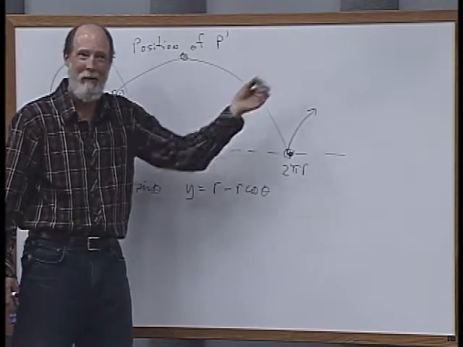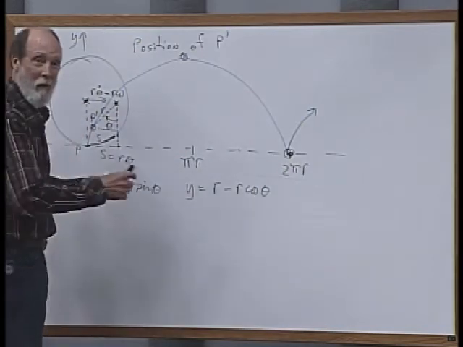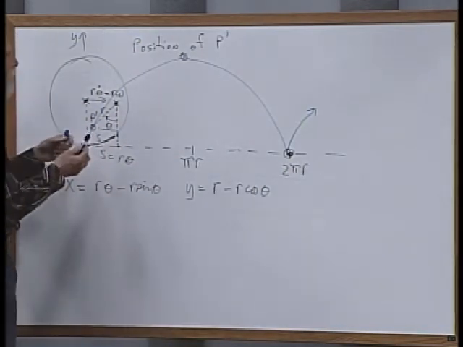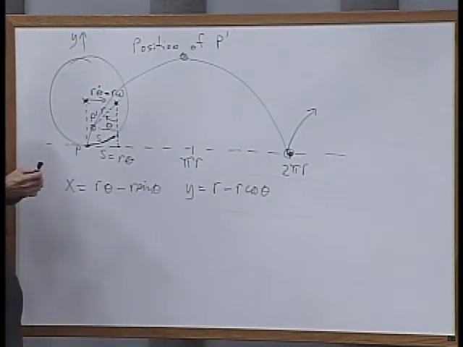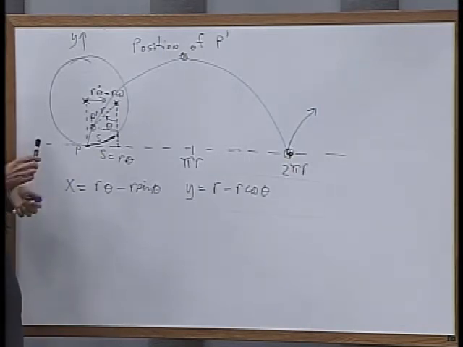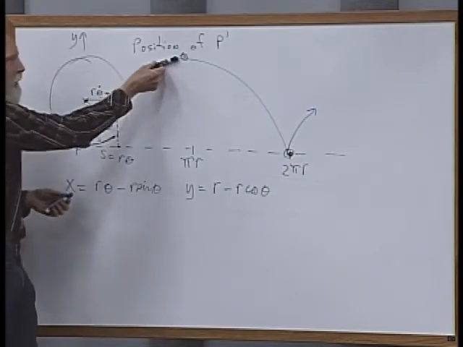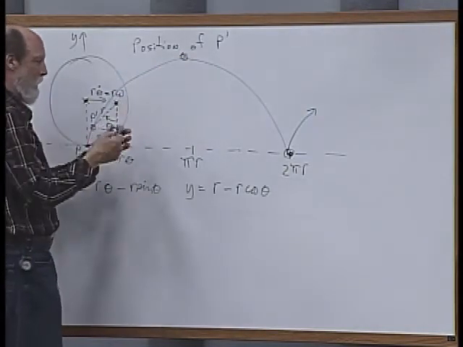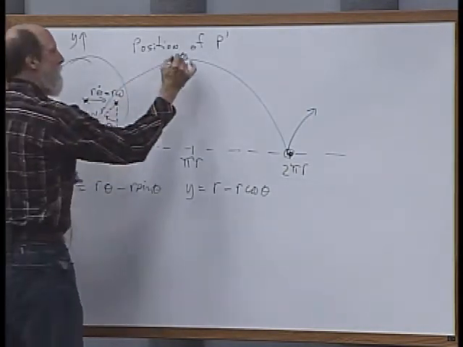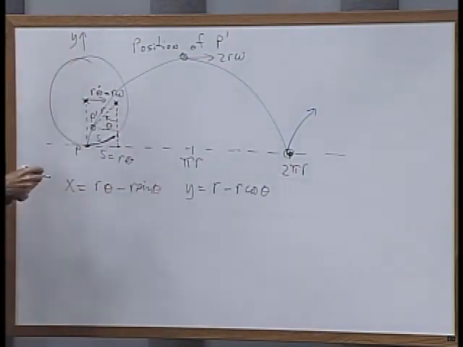And the velocity of the particle P on the blue path is always tangent to that path, is it not? And here its speed is 2R omega, like we determined earlier.